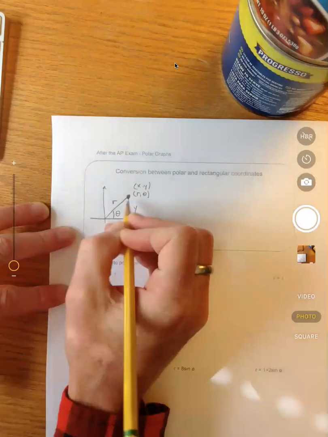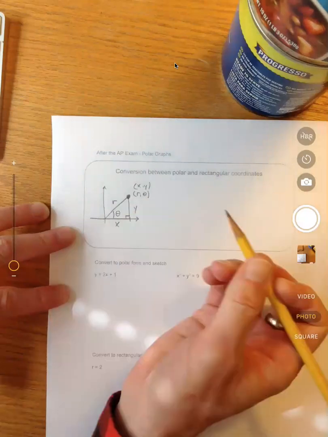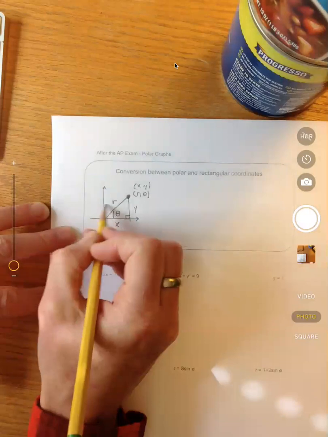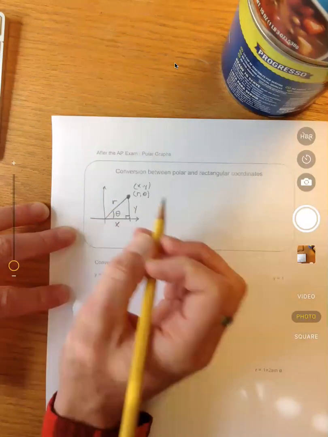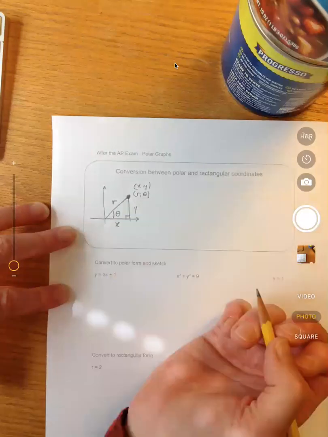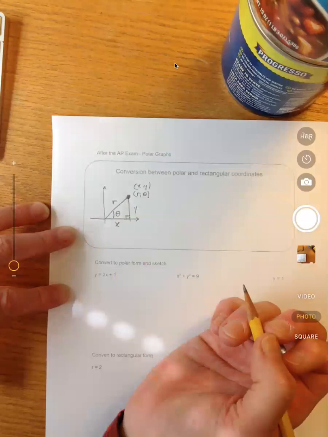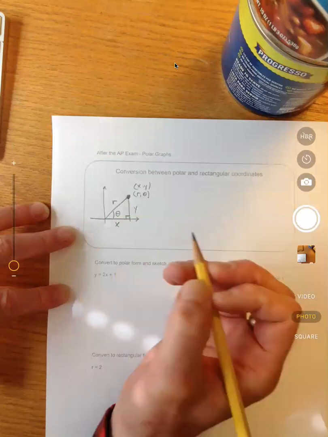Sometimes I actually don't know if this r stands for radius, because it's obviously a part of the concentric circles that we looked at yesterday. Is it the radius of a circle, or is it also like the resultant when we think about the components of our vectors, like we did back in physics? That's actually a good question.